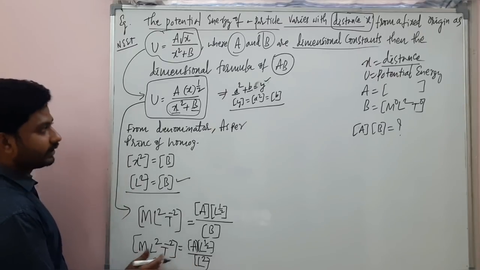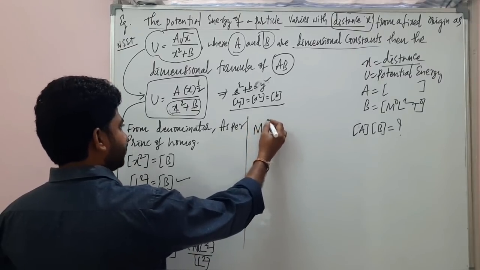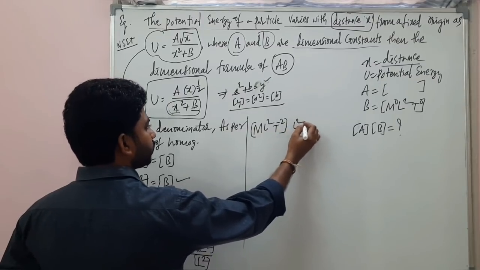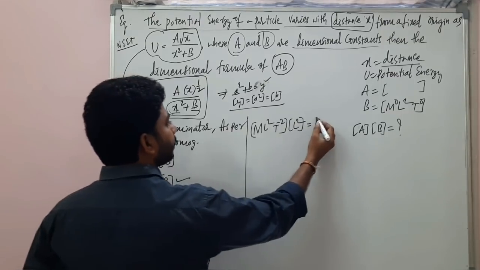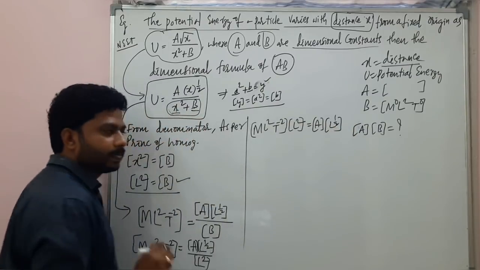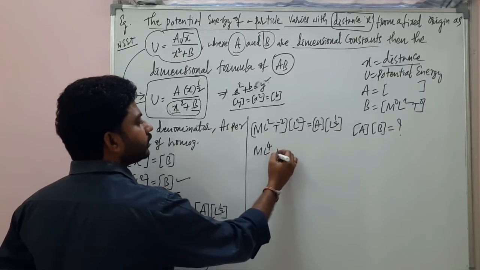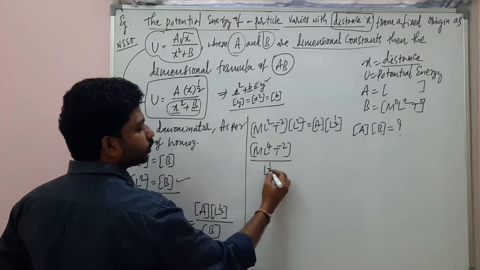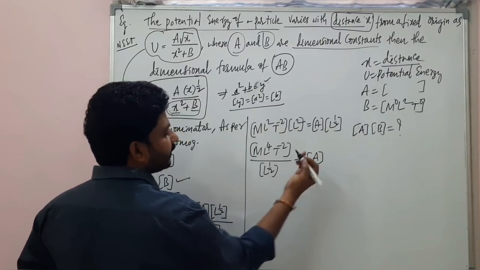So if I multiply, M L square T minus 2 into L square is equal to the dimensions of A into L to the power 1 by 2. Here M L to the power 4 T minus 2 divided by this L to the power 1 by 2, bringing it to the left hand side, is equal to the dimensions of A.